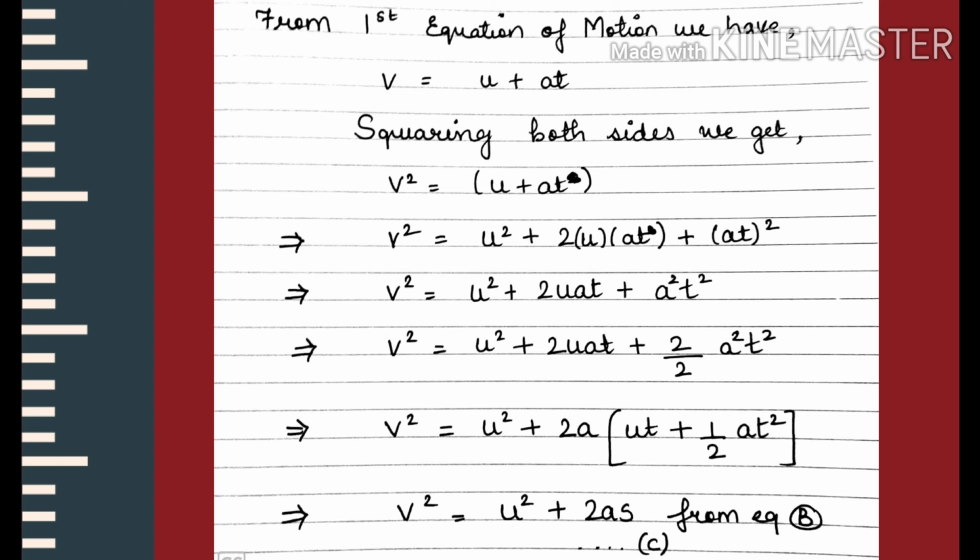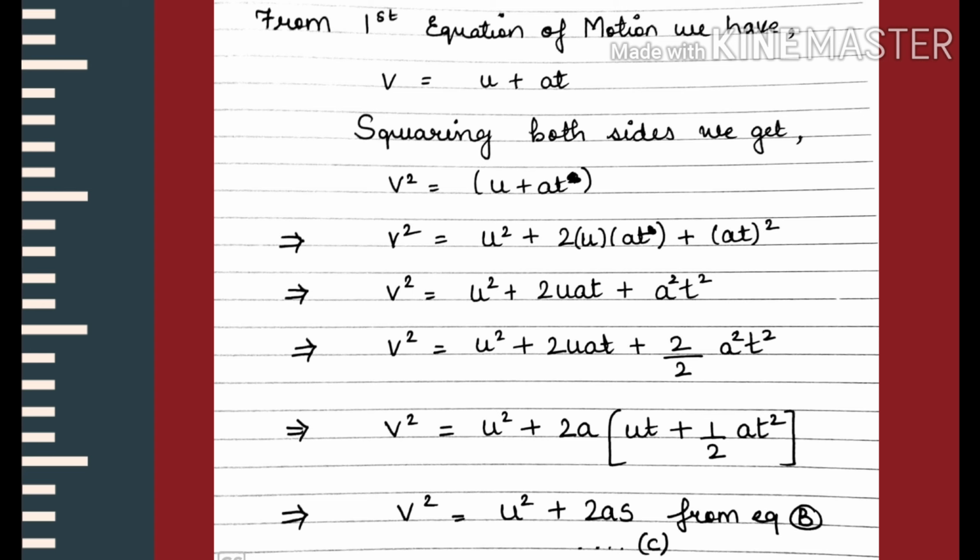v square is equal to u square plus 2 in the bracket u in the bracket at plus in the bracket at whole square. Now what we get is v square is equal to u square plus 2uat plus a square t square. We are opening the brackets.